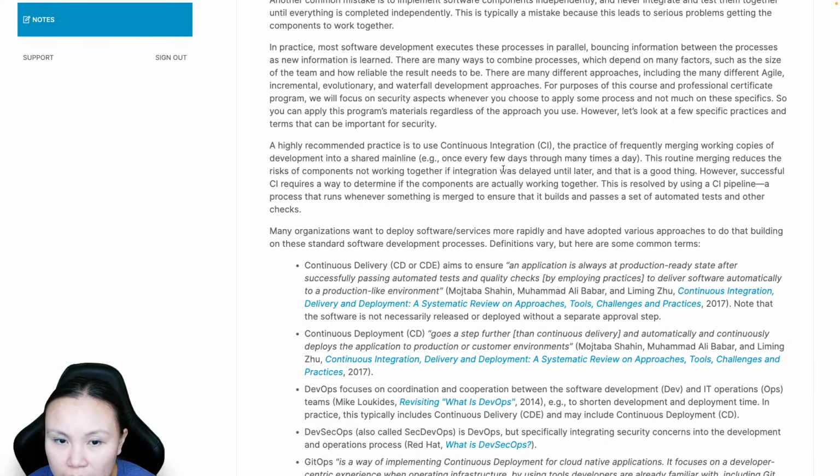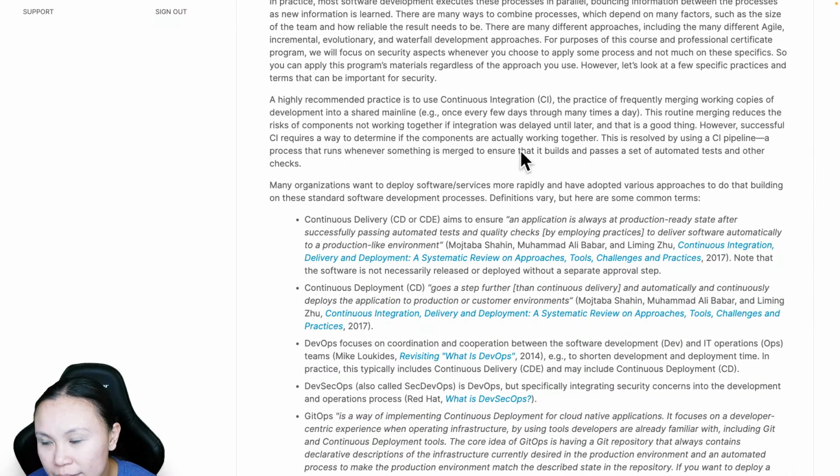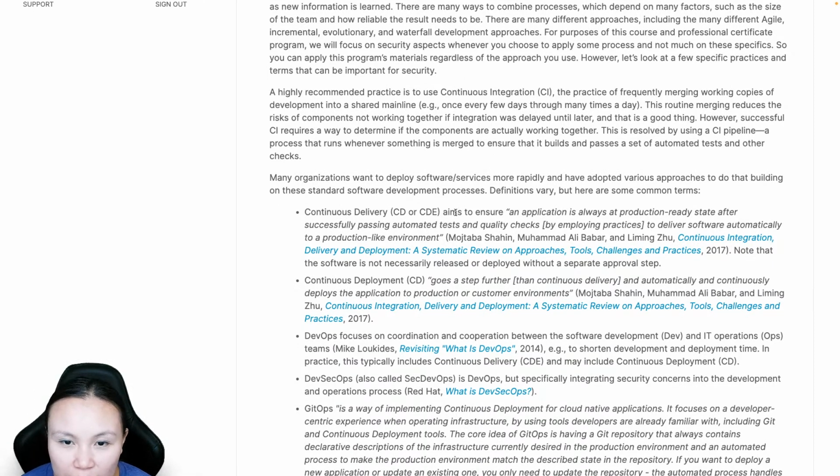That's a good thing. However, successful CI requires a way to determine if components are actually working together. So you need a CI pipeline, a process that runs whenever something is merged. With GitHub Actions, run all the tests, run the integration tests, and see if it will fail before you deploy it. Many organizations want to deploy software more rapidly and have adopted various approaches.